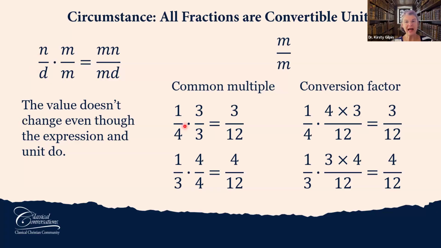And notice that the value doesn't change. The expression does. And I've changed my units because I've changed from my units being d to my units being md or m times d. But the value is still n over d. And that is the big idea behind converting fractions.